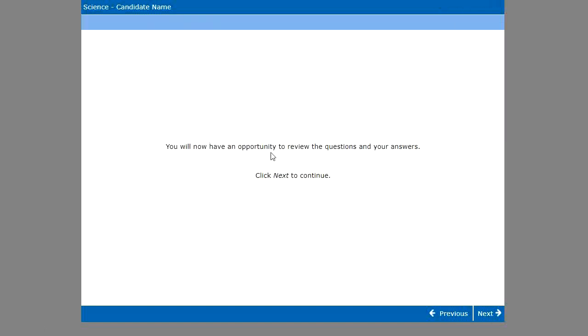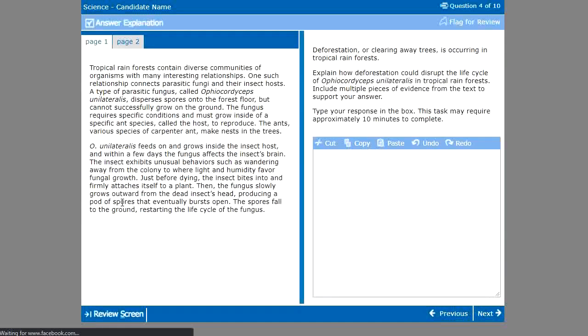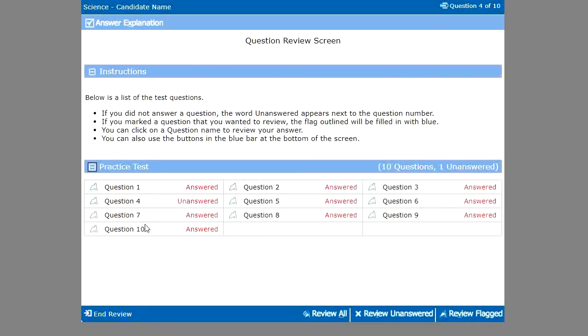You will now have the opportunity to review the questions and your answers. We actually didn't answer question number 4, so this was the flag for review. So this question we left open, as we said. So the rest is all answered.